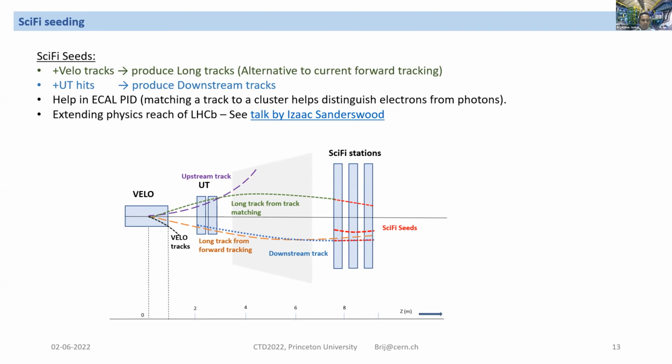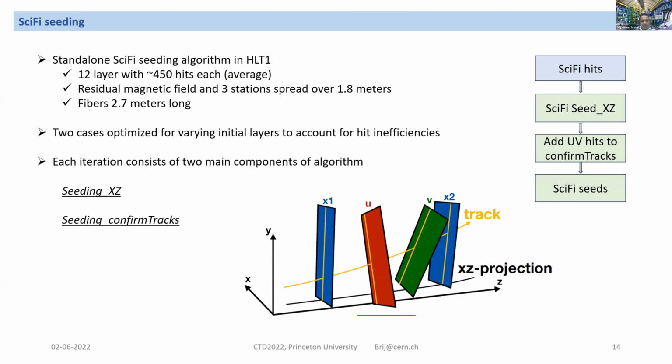The SciFi seeding algorithm is organized in 2 iterations, 2 cases, mainly for varying initial layers. And the 2 main components of the algorithm are creating the seeding XZ, which creates the SciFi seeds in the XZ layers, and then these seeds are confirmed by adding the UV hits in the seeding confirm track part of the algorithm, thus giving us the SciFi tracks.